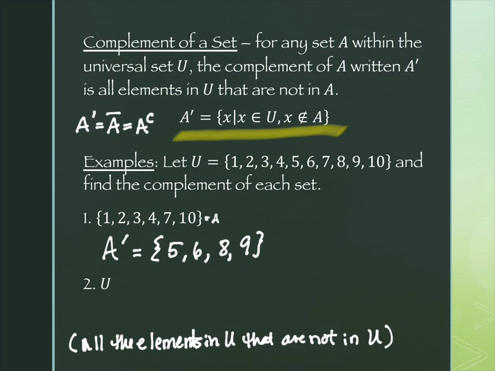So what that means is that the complement of the universal set has nothing in it, and we learned notation for that last time. It was called the empty set. So the complement of the set that has everything is the set that has nothing. And if you think about it from that perspective, it kind of makes sense. We could do it from the other way too.